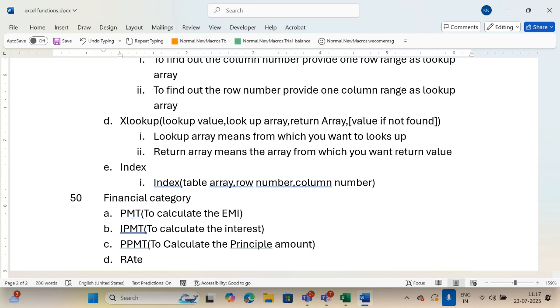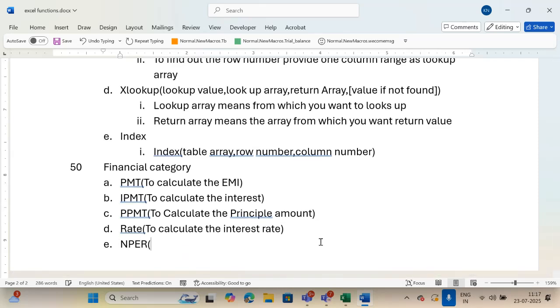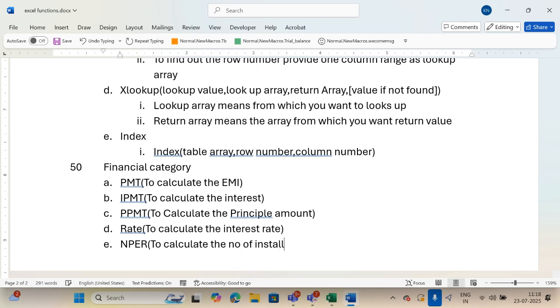Then RATE, to calculate the interest rate. Then NPER, to calculate the number of installments.